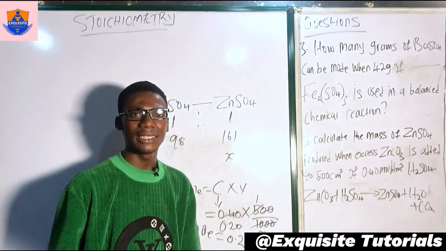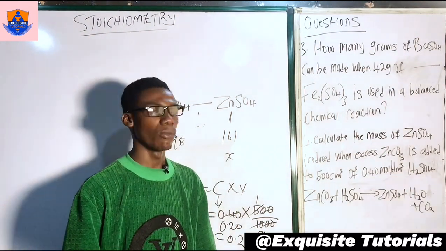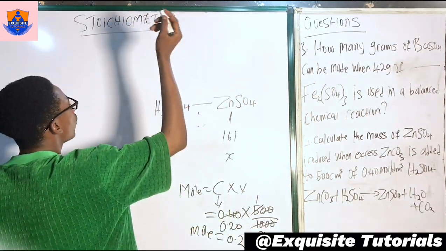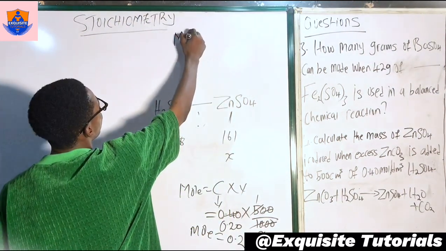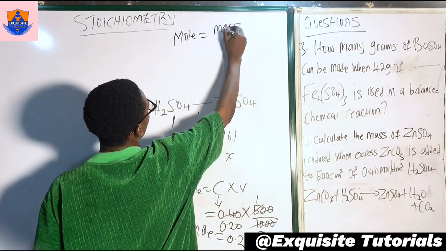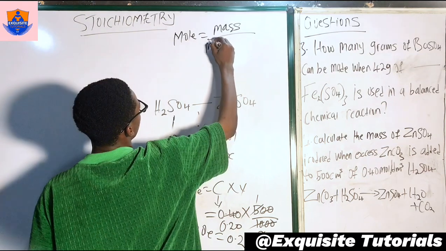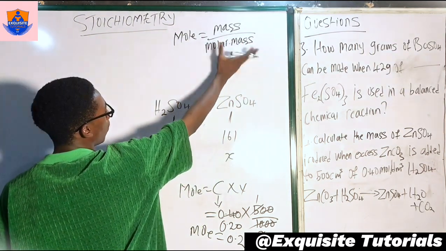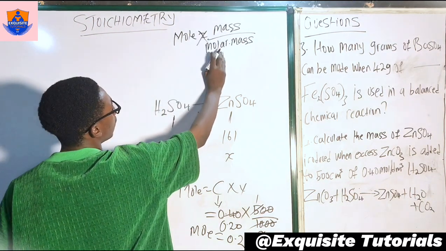Now remember we are dealing with mass and not mole. So let's convert our mole to mass. Now recall that I told you the first formula given, our mole is equal to mass over molar mass. So how do we find the mass? We multiply.